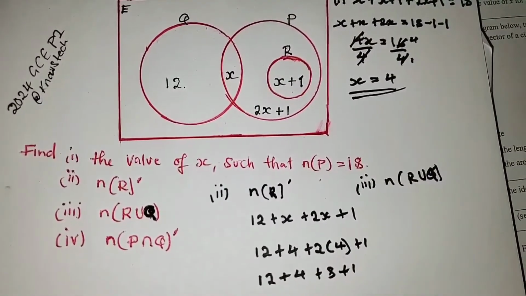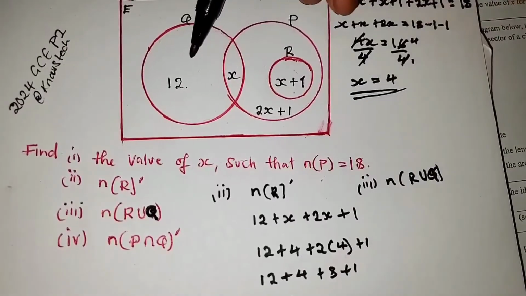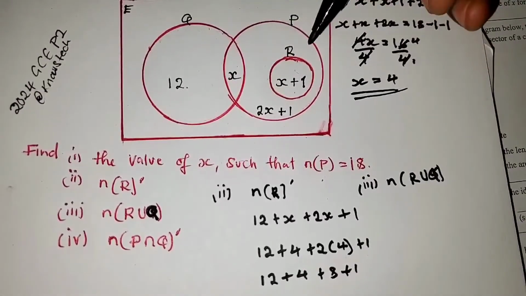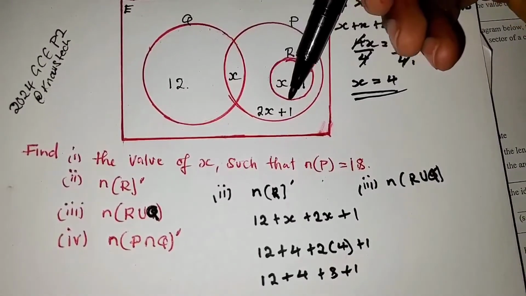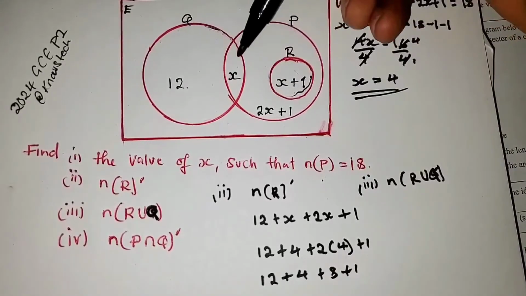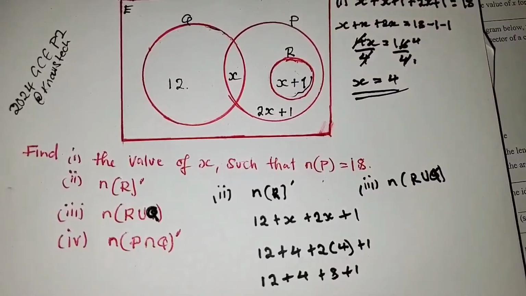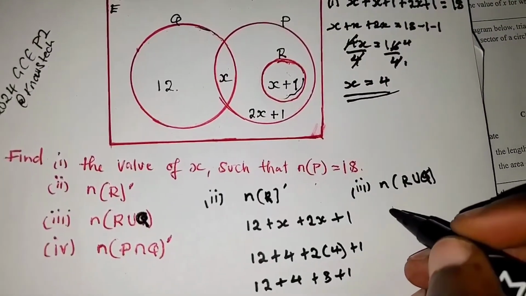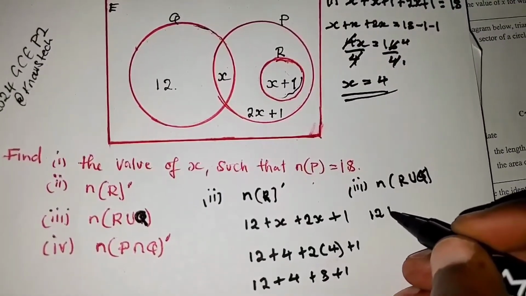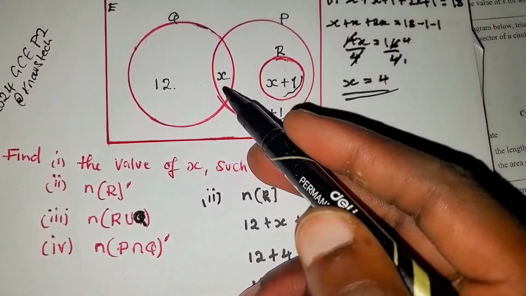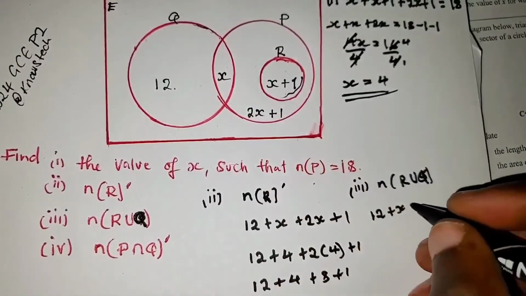Look at R. R is here, union Q. So it means we combine set R and set Q, including the x, since this x is also in set Q. So we're going to add 12 plus x, this x here, plus x plus 1.